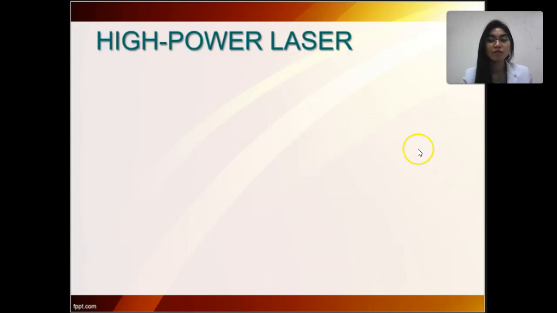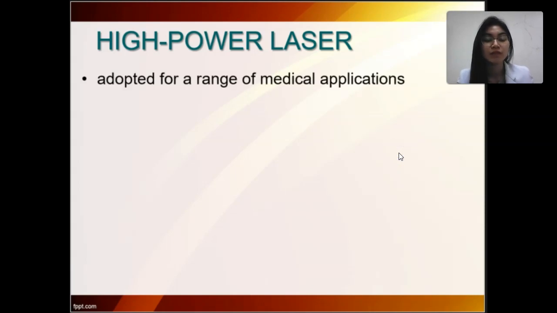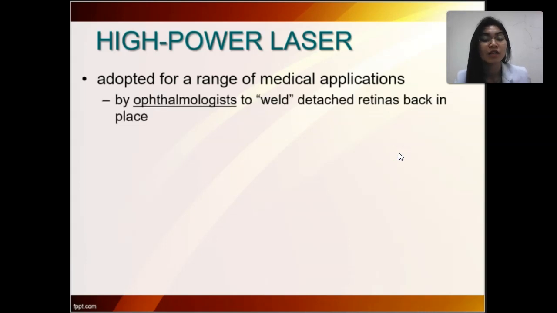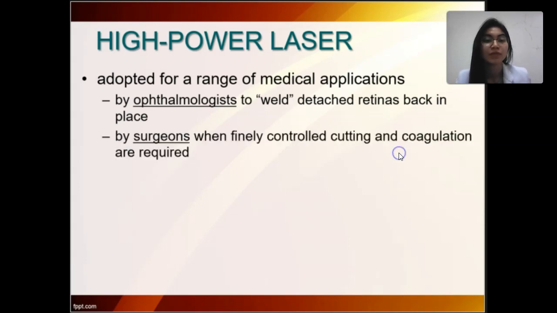So we have what we call your high power laser. Okay, this is adopted for a range of medical applications. Like for example, by the ophthalmologists, to weld detached retinas back in place. They use high power laser. Your surgeons naman, when finely controlled cutting and coagulation are required.